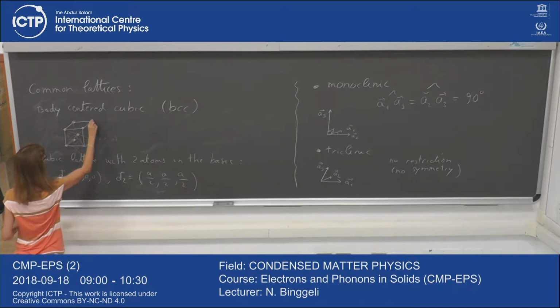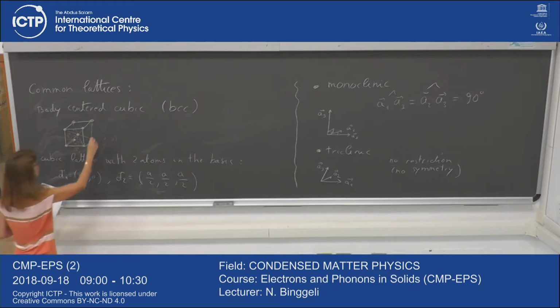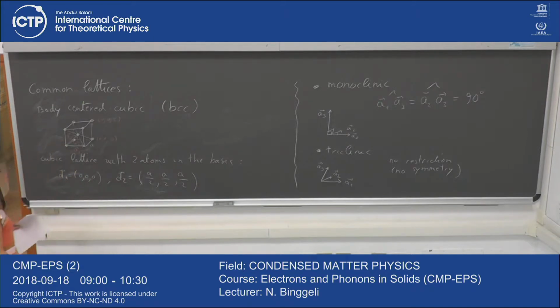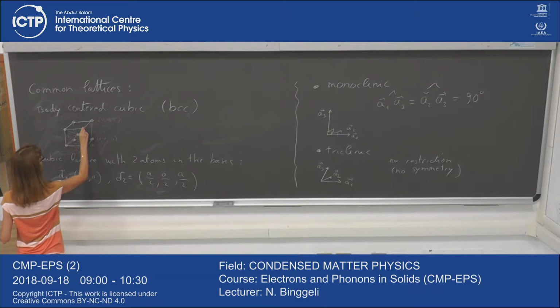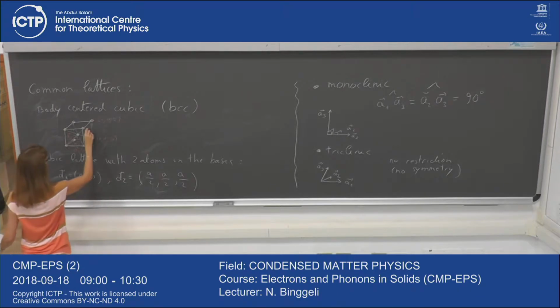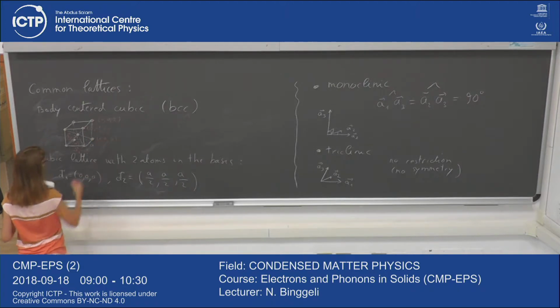This point would just be 2 times A3, so 0, 0, 2. This point would be this one minus A2, so 0, minus 1, 2.